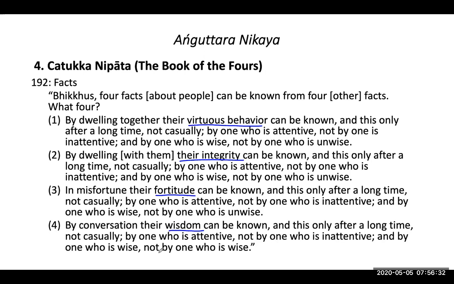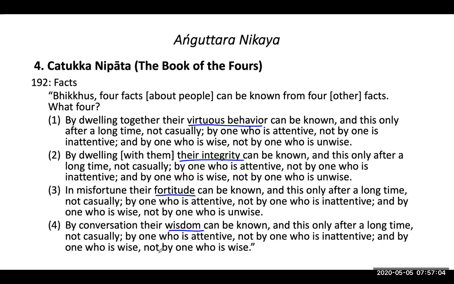Third, his fortitude can be known by a wise and intelligent person by observing him with close attention in times of misfortune. When somebody has a difficulty, what kind of strength this person has can be known by a wise and intelligent person by observing him with close attention in times of misfortune.